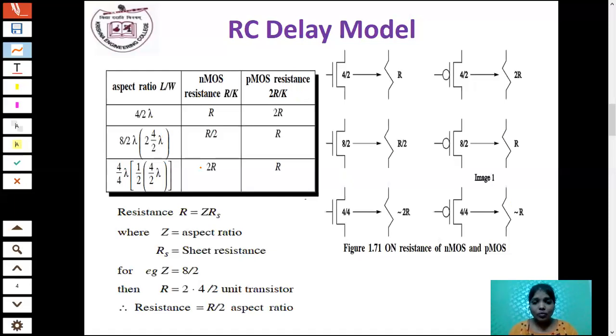Already I told you that whatever resistance and capacitance we are considering here is not an external capacitance or external resistance. We are considering parasitic capacitance. Last class I explained the different types of parasitic capacitance in the CMOS transistor. Similarly, here there is also resistivity produced by the MOS transistor.